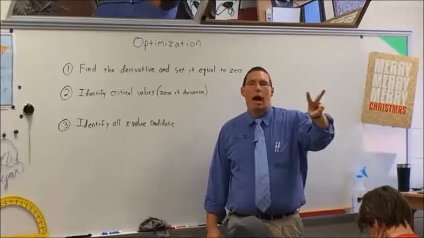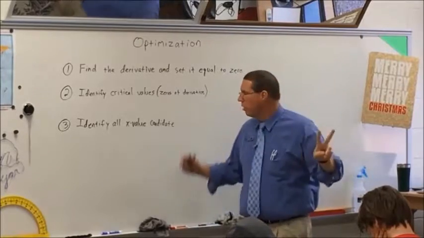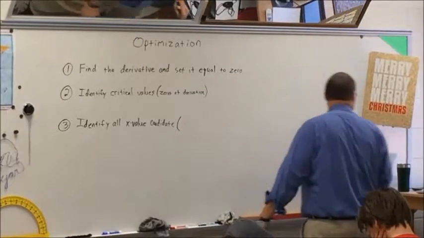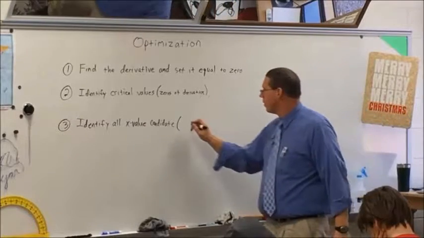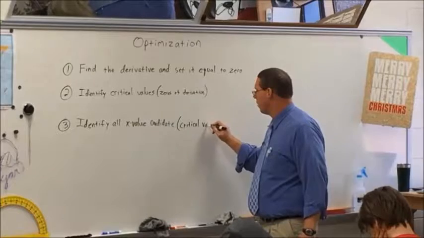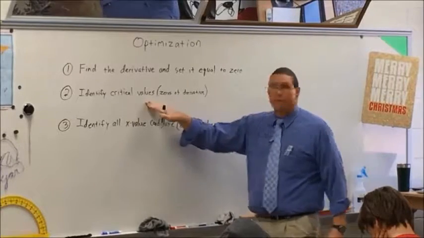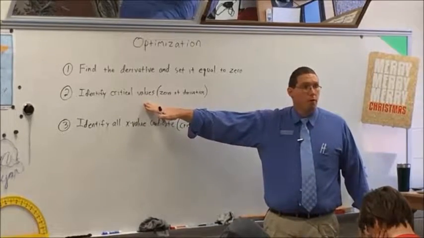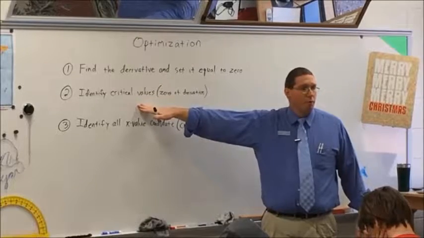And there's two kinds of candidates. The critical values are all candidates, which you already identified in step 2.